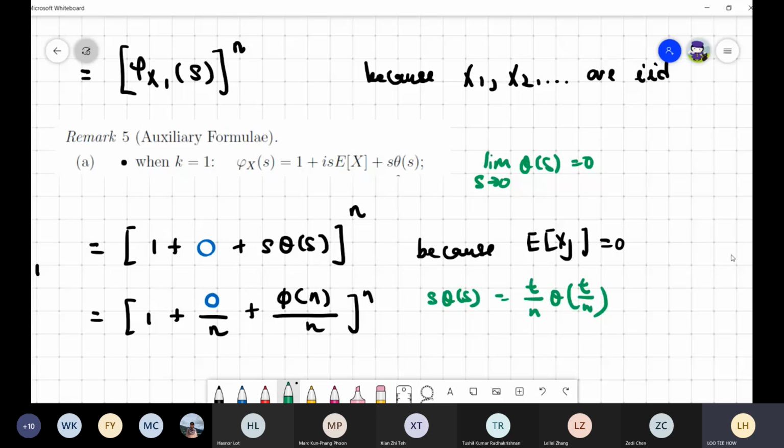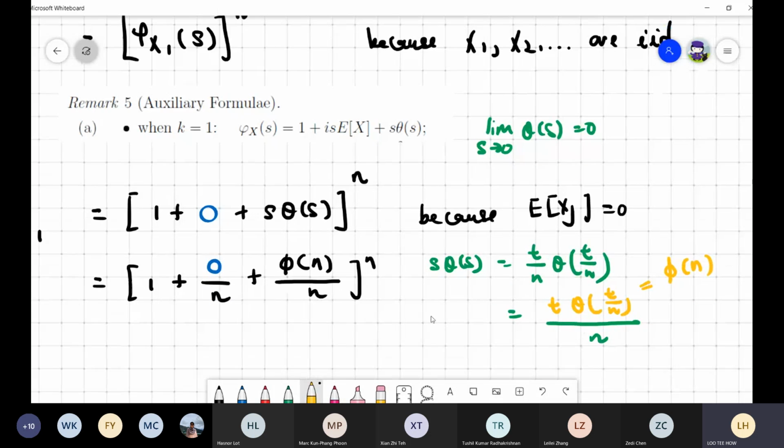So then this will be equal to t over n. Okay, so this yellow one will be represented by another phi_n.